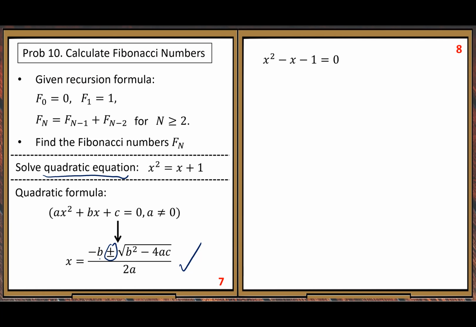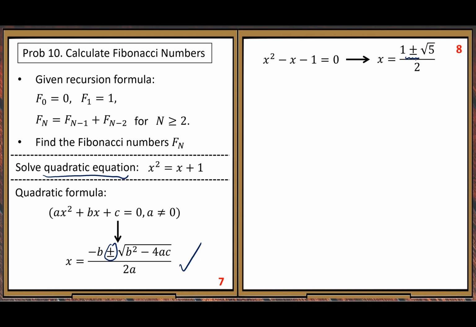Plugging these in, we get two possible numbers, 1 plus or minus √5, the whole thing over 2.